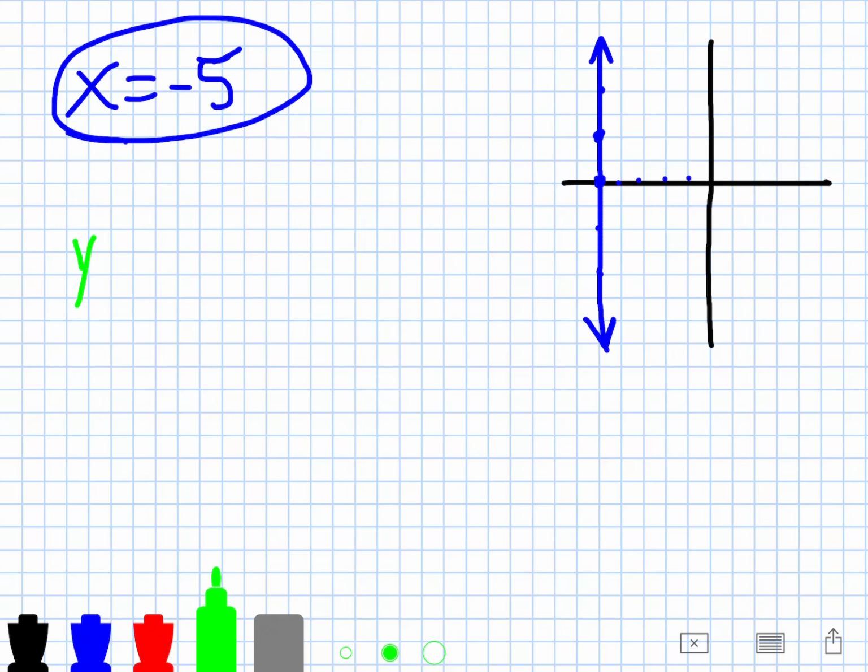So what about like y equals 1? How do I graph that? Well, I just simply am going to find all the places where the y is 1. Doesn't matter what the x is, where is the y 1? Well, right here is (0, 1). Here's (1, 1). Here's (2, 1). (-2, 1). (5, 1).